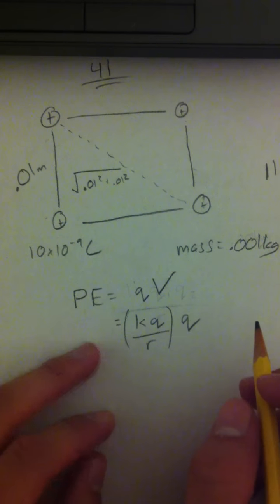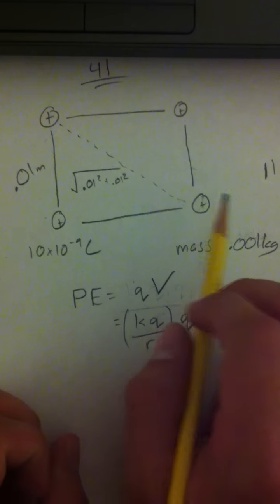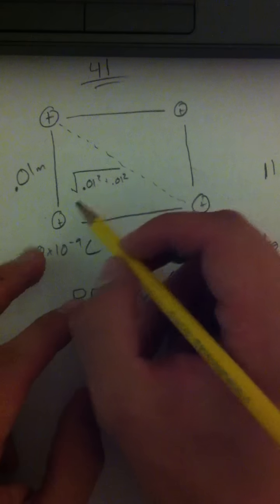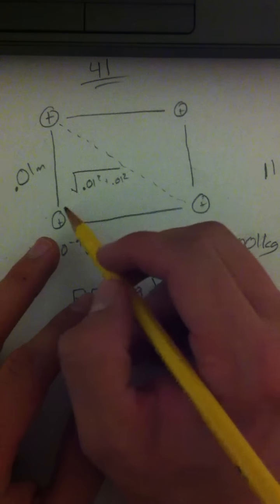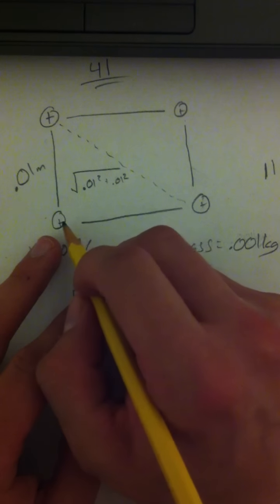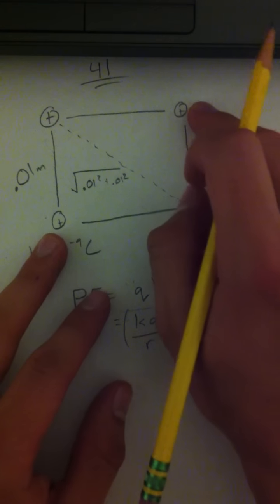So we pretty much have 2 different relationships in the problem. There's a relationship between the charges that are right next to each other, like vertical or horizontal, and then there's a relationship between these 2 charges here that are across from each other.